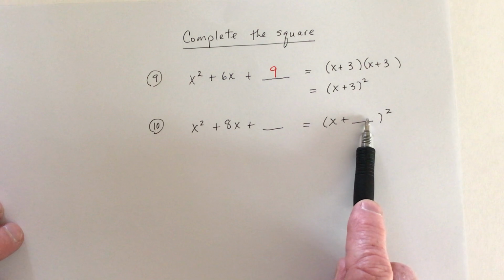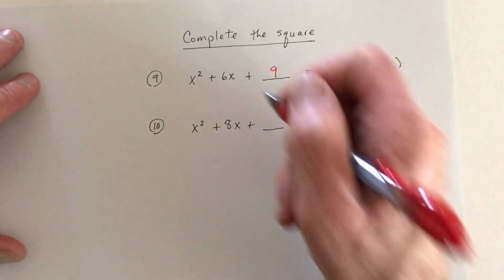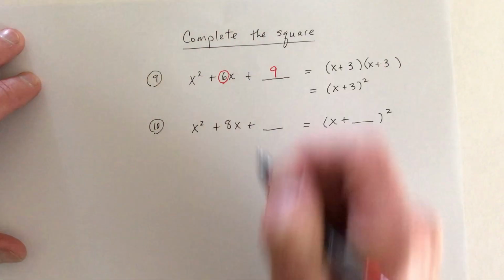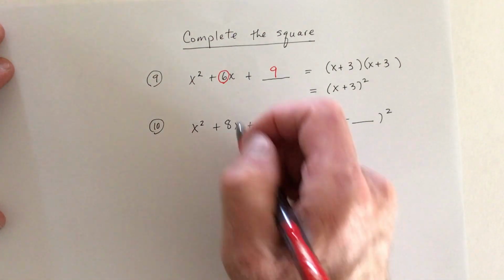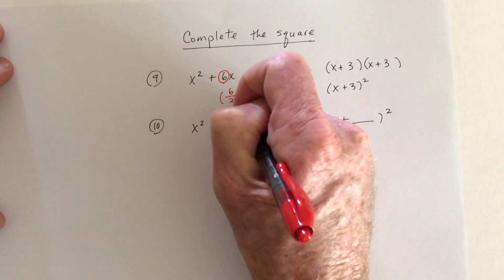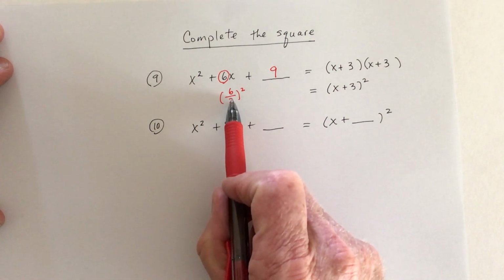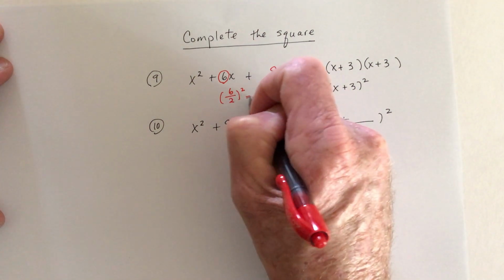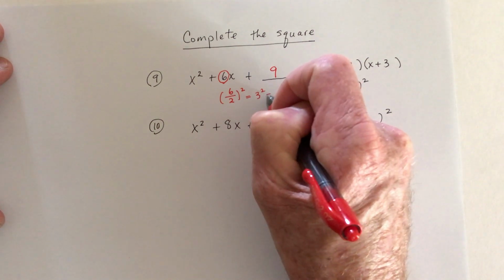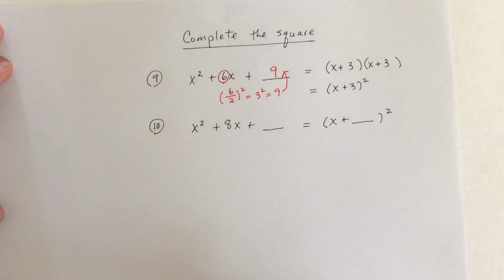But with this one, the number's missing. If you take whatever's sitting in front of x, you take that number and you divide it by 2 and you square it. Well, 6 divided by 2 is 3. And if you square 3, it's a 9. That is really where that 9 came from.